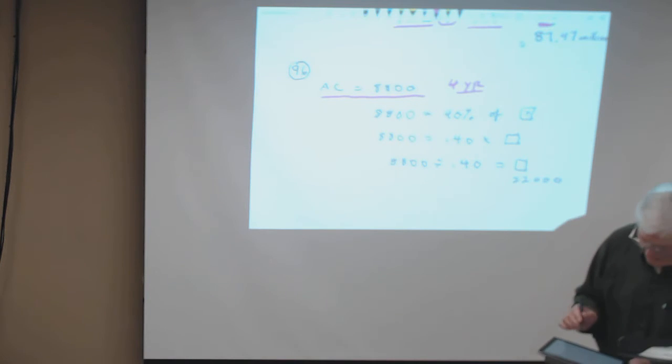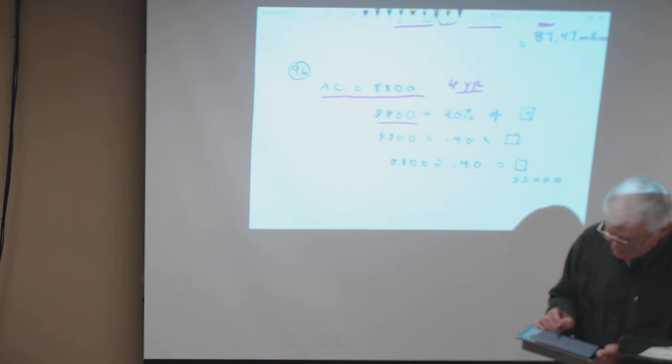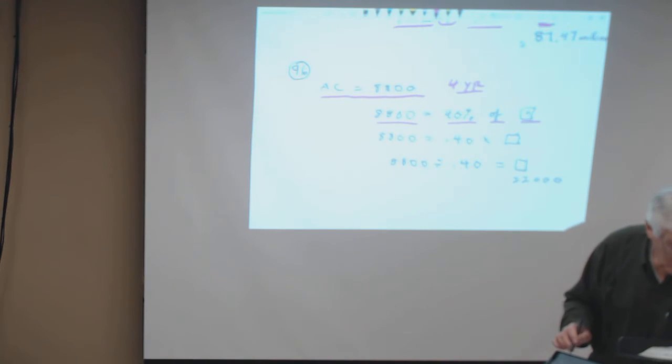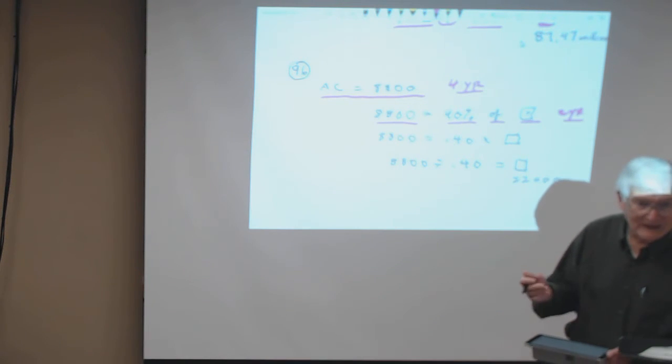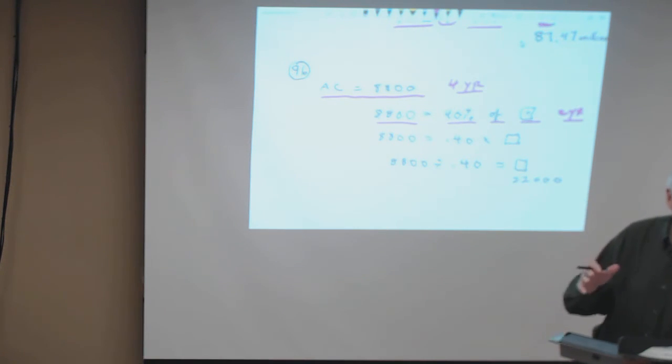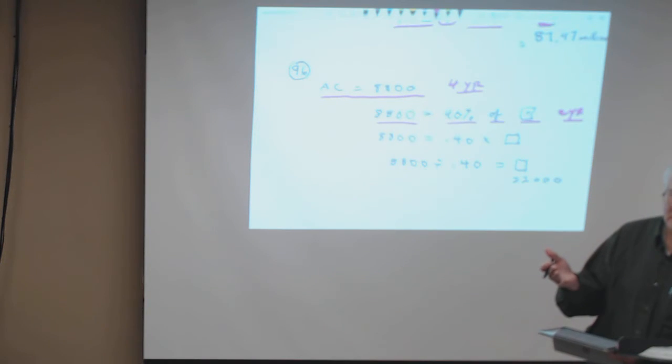This represents, 8,800 represents 40% of, what does it say? This represents 40% of the comparable cost at a 2-year college. See, that's just backwards, isn't it? In real life, that's just backwards information. It's always cheaper to go to a 2-year college than a 4-year college, isn't it?